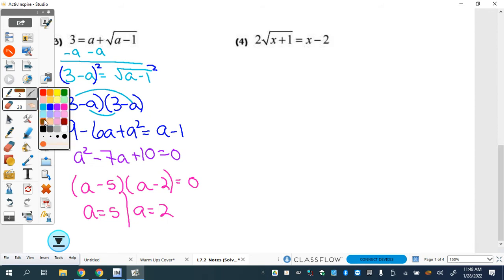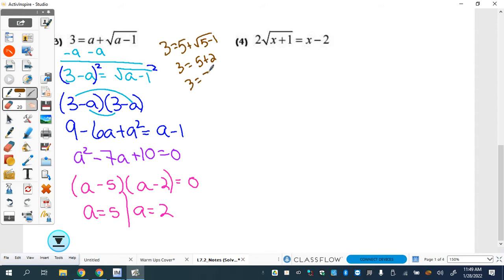So I go back up to the beginning. I plug in a 5. 5 minus 1 under that radical is a 4. Square root of 4 is a 2. I can already see that one's not going to work out because I get 3 equals 7, which is not true.